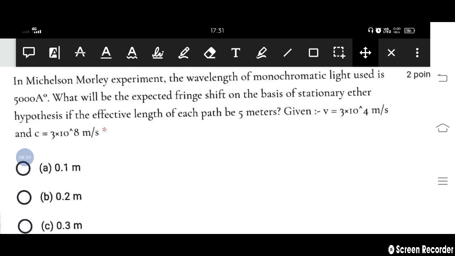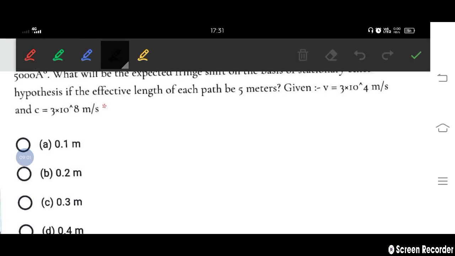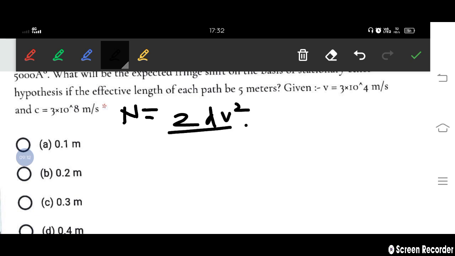So we know that fringe shift is given as n equals 2dv square upon c square lambda.